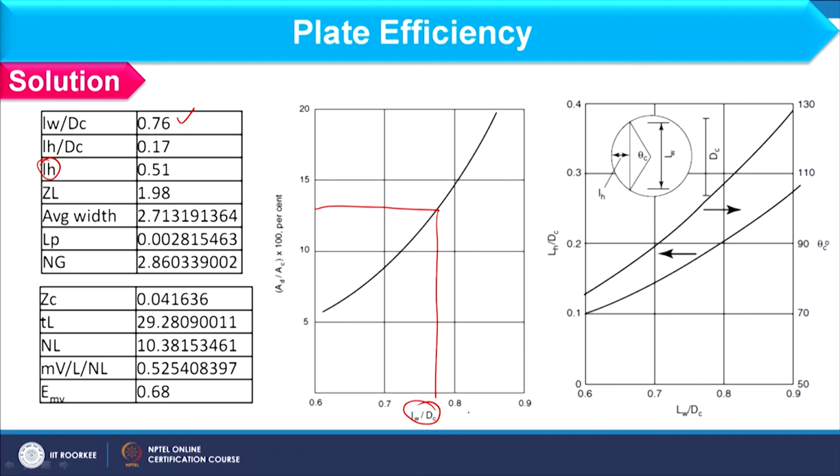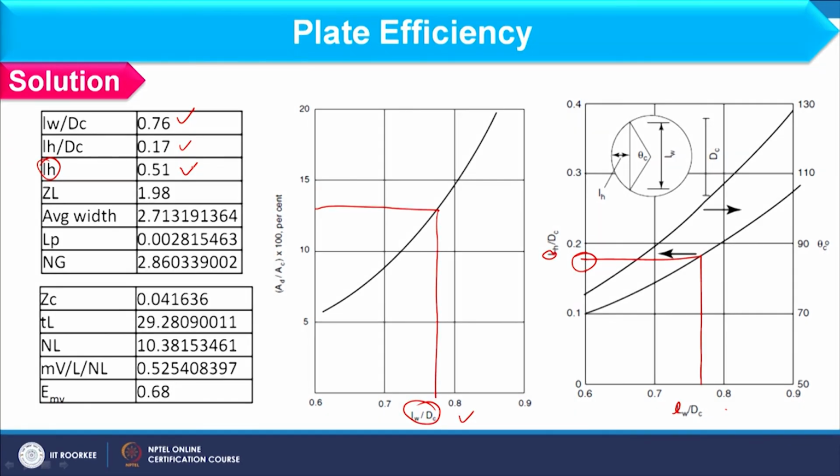So, LW by DC we can use in this graph, where this is basically small l only and this is the small h only, and if I consider the 0.76 value, we can use this graph, and if I focus on this, we can find small lh by DC as 0.17. Accordingly I can find the value of LH.